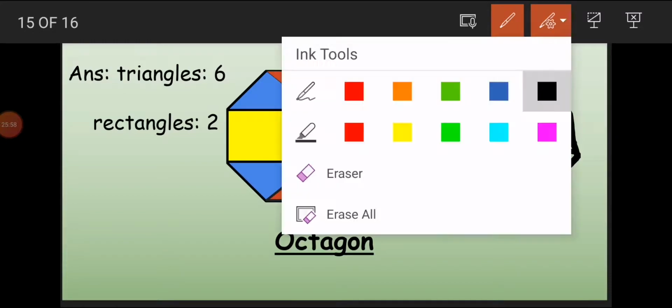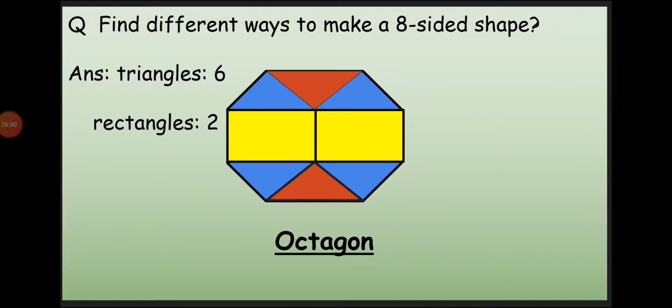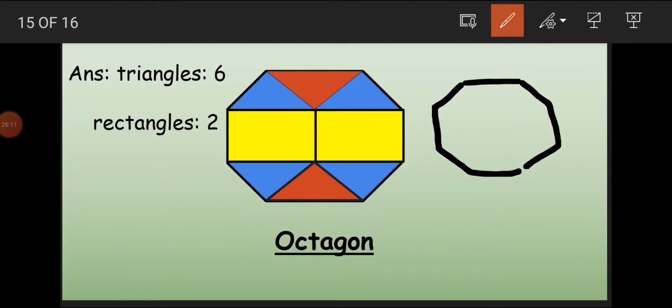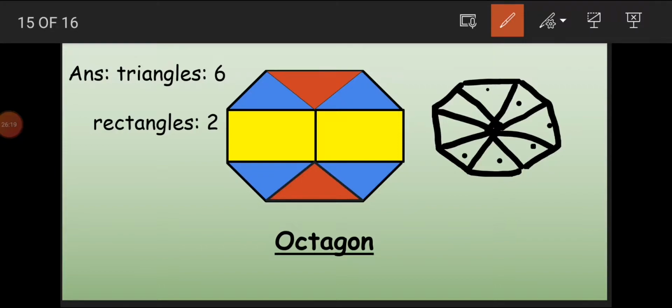Yes, we can make all triangles here. Let me show you. We can make 8 triangles. 1, 2, 3, 4, 5, 6, 7, 8. Make a midpoint. Join all the points here. You can see we can make all triangles here. I made this with 8 triangles.